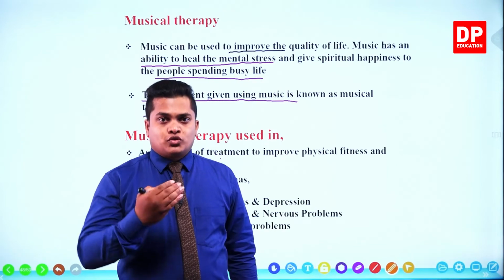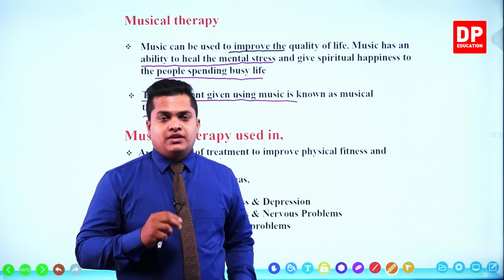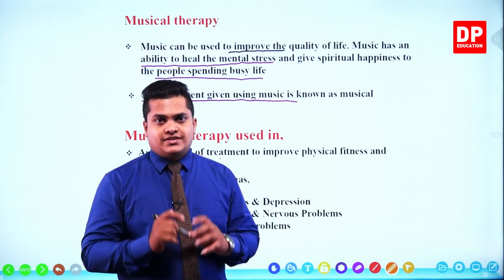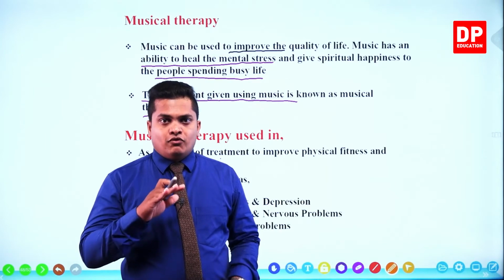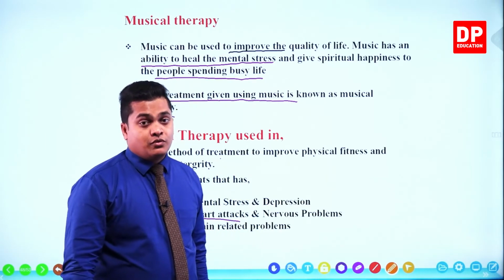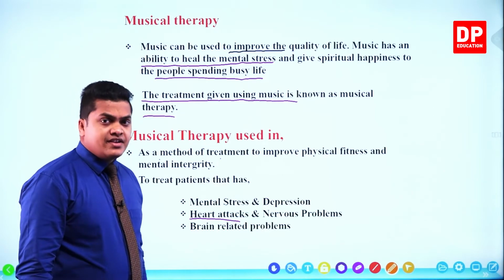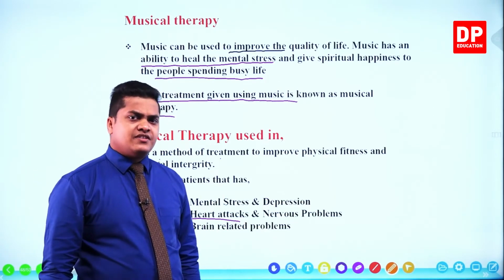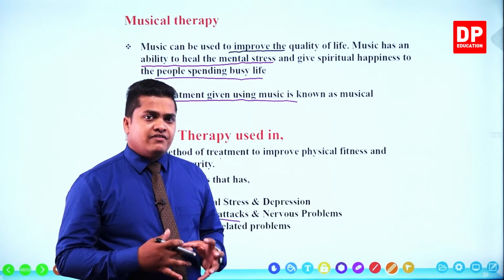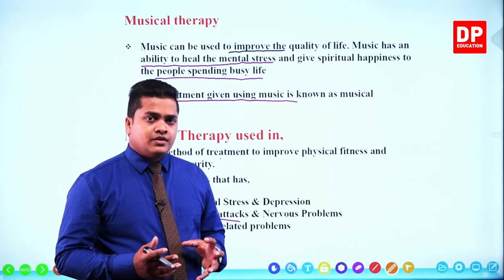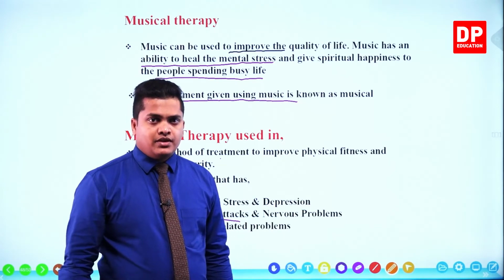To calm that patient down, a proper music can be given to listen. By that way, his mind and his body would be relaxed. So for the people who have heart attacks and nervous problems, nerve disabilities, in those kinds of situations also, musical therapy is given.